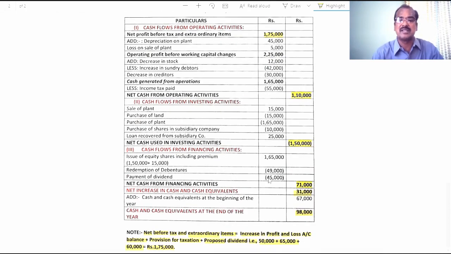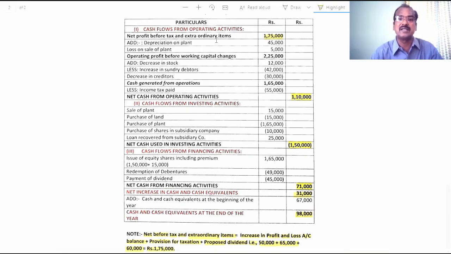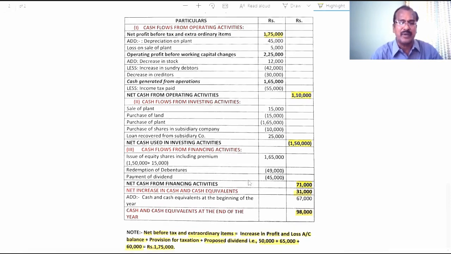Payment of dividend. This is a dividend proposed for last year, and that has been recorded here. If you follow a new format, the amount should be the same both in this stage when you calculate net profit before tax and the extraordinary item, and the same has to be subtracted here. Fine. Net cash from financing activities comes to 71,000 rupees.